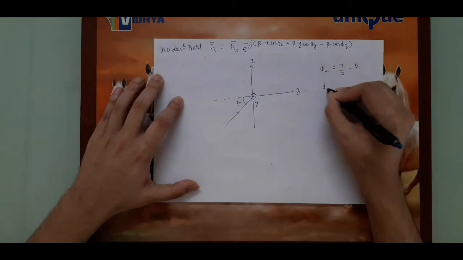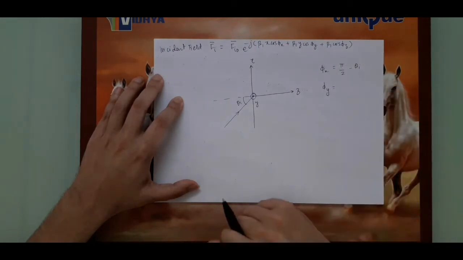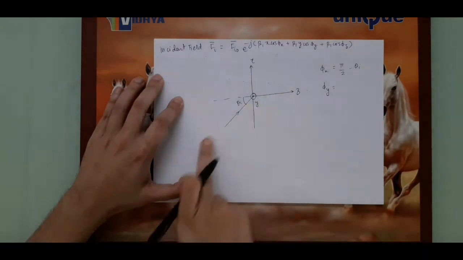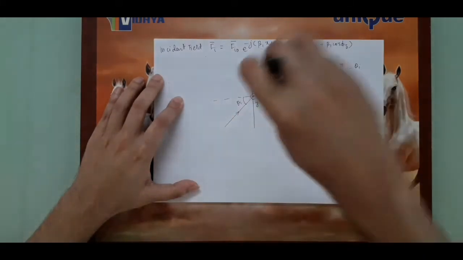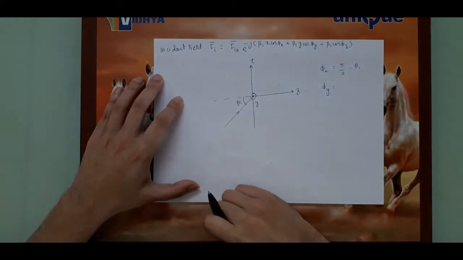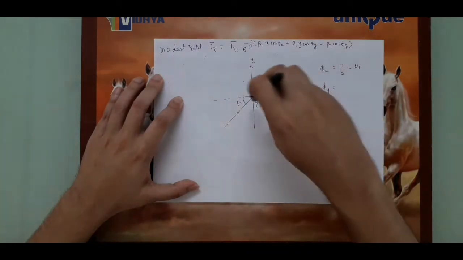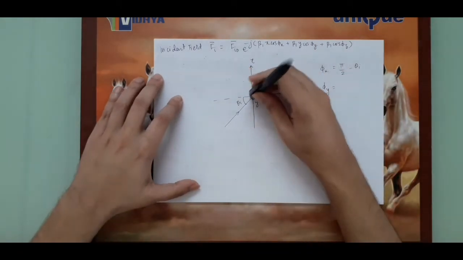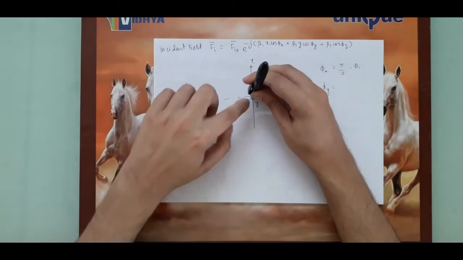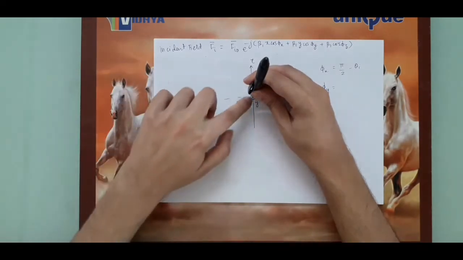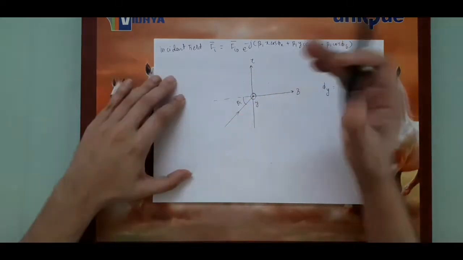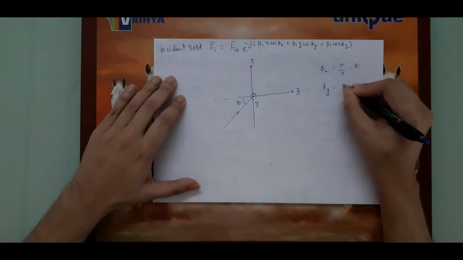Now what is the angle phi y? That is the angle the wave propagation vector makes with the positive y-axis. What would that be? The positive y-axis is this way. So the angle between this pen and the plane of the paper is pi by 2. So phi y is pi by 2.